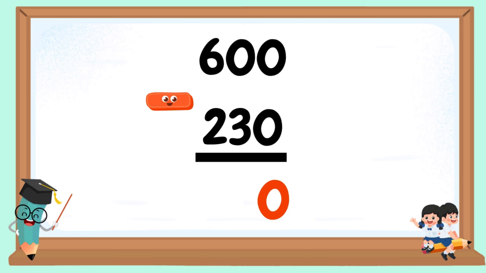That's why we will borrow 1 from 6. 6 will become 5 and 0 will become 10. 10 minus 3 is equal to 7. 5 minus 2 is equal to 3. 370 is our difference.